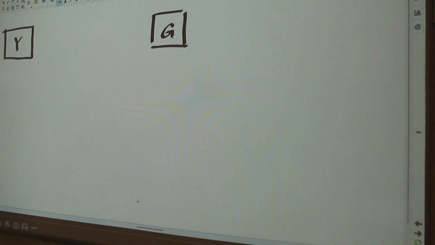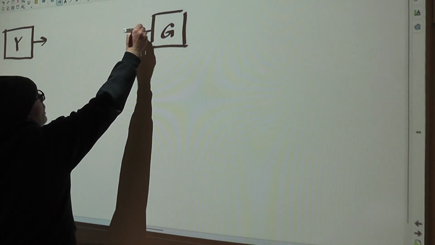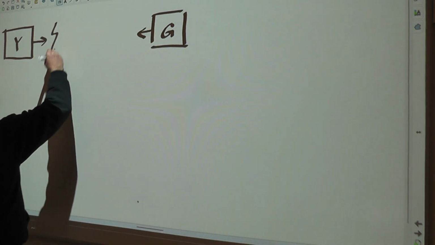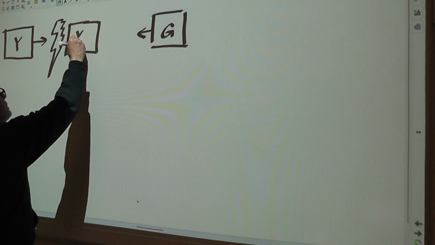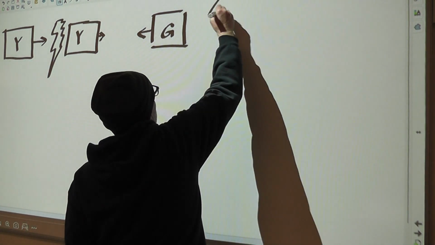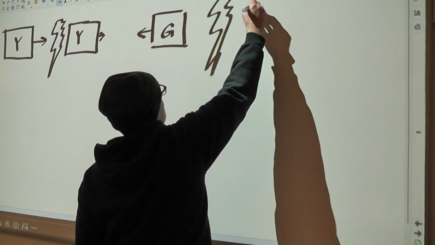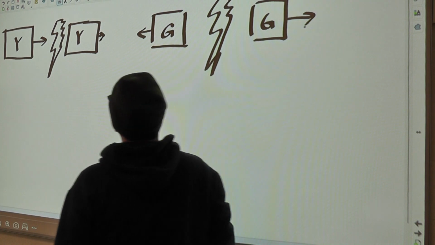So I have a before, where my yellow cart is moving this way, my green cart is moving this way. And then I have an after, where my yellow cart is still moving this way, just more slowly, and my green cart, after the collision, is moving completely in the opposite direction.